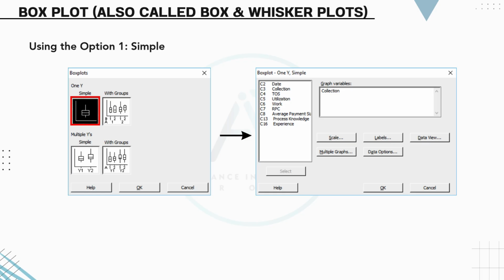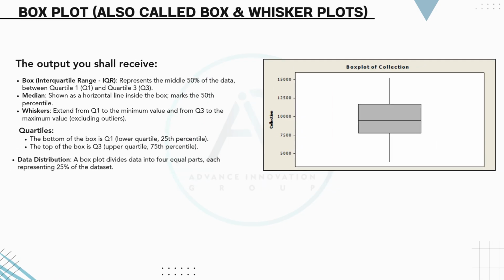It provides insights into the central tendency via the median line inside the box, the spread of the data through the interquartile range shown by the box, and the presence of any outliers shown as asterisks or dots beyond the whiskers. This is a quick and effective way to check if your data is skewed, has extreme values, or is symmetrically distributed.